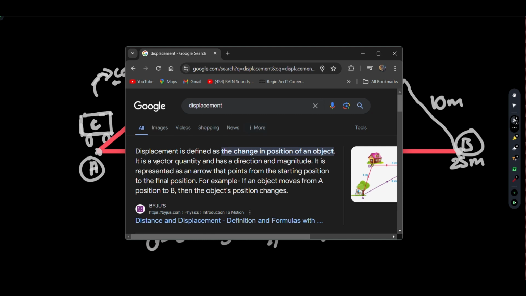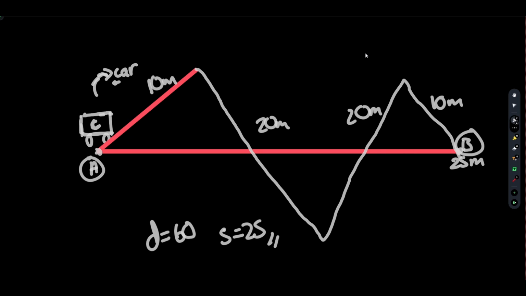Now you guys want to know what a vector quantity is. So basically, distance is a scalar quantity. A scalar quantity is basically when you only have magnitude.